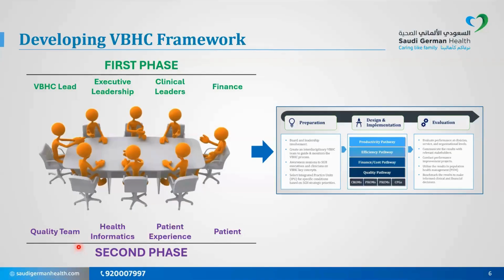We had the quality team as a main player, and health informatics, because we are talking about outcome measurement and cost containment. We need to ensure that the definitions of the indicators, the definitions of data, and the platform that we'll use to monitor this process are very clear and founded in the health information system and the data definitions.